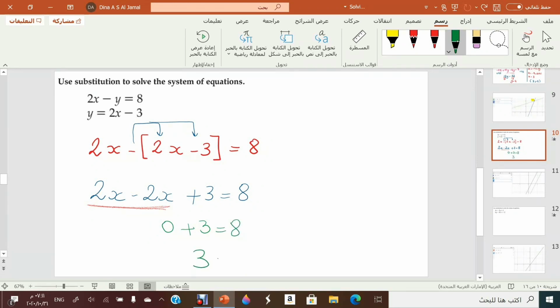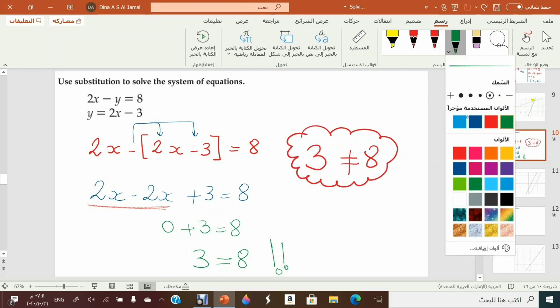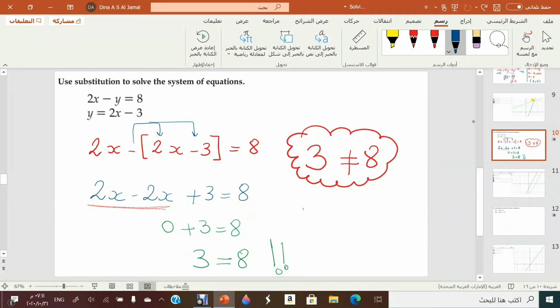Do you have 3 equal to 8? Ask yourself. It is no. That means it is not equal to each other. That means, do we have a solution for this system? So no, no solution.